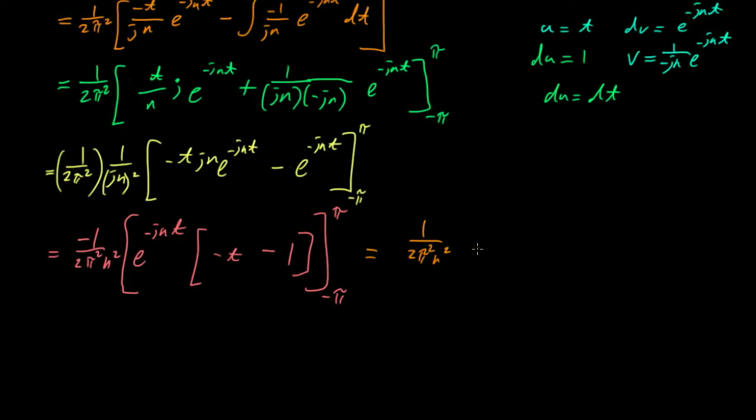All right, so let's evaluate this. Negative 1 over 2 pi squared n squared.